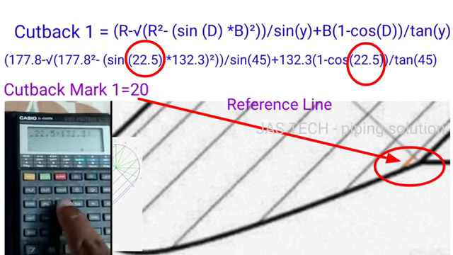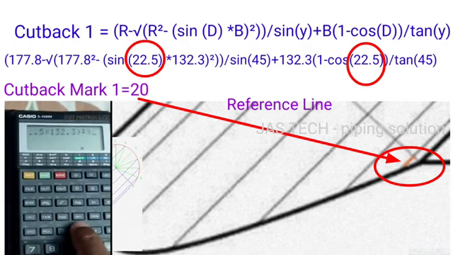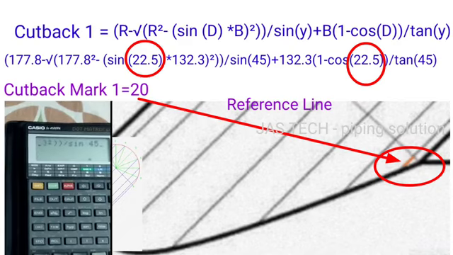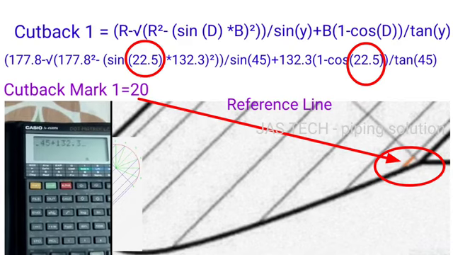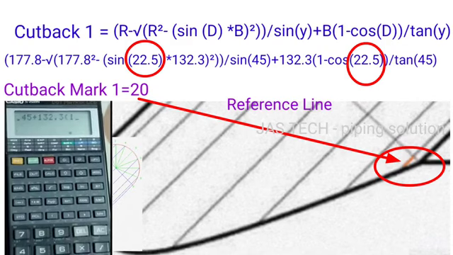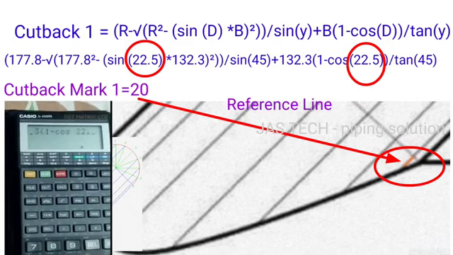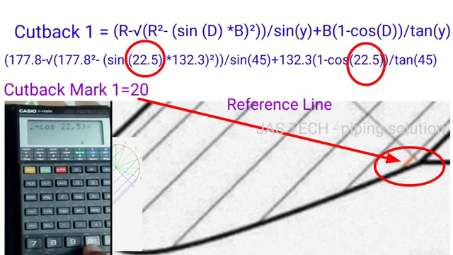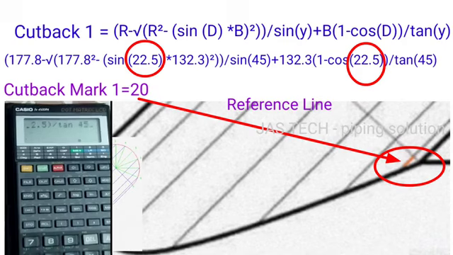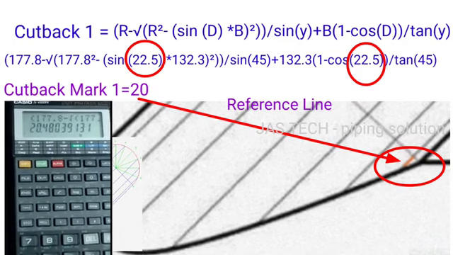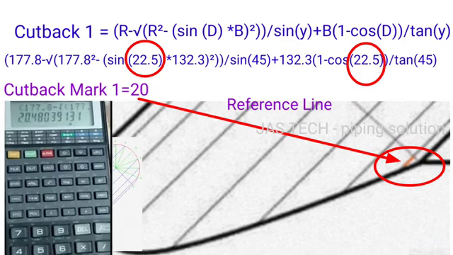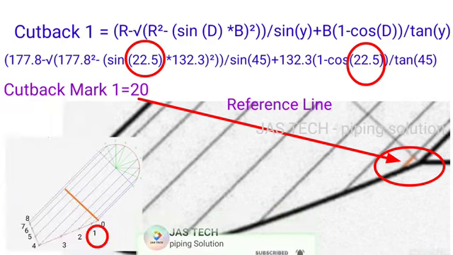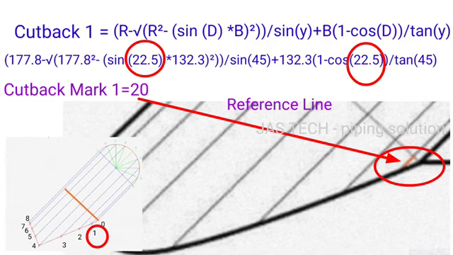Just apply the values to the above formula by using a scientific calculator. The answer is cutback mark 1 equals 20 mm. Mark the 20 mm from the reference line towards down, that means towards the end of the pipeline. That mark 20 mm from the first mark line is the 22.5 degree line.